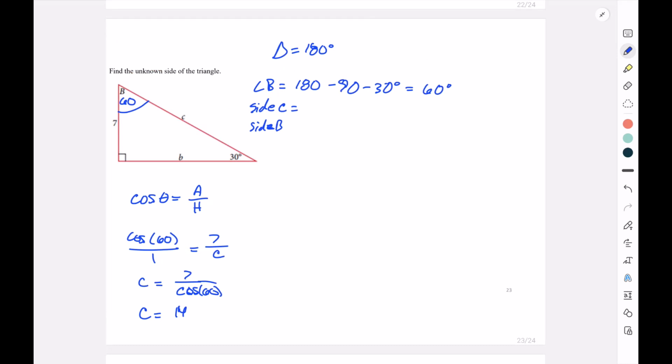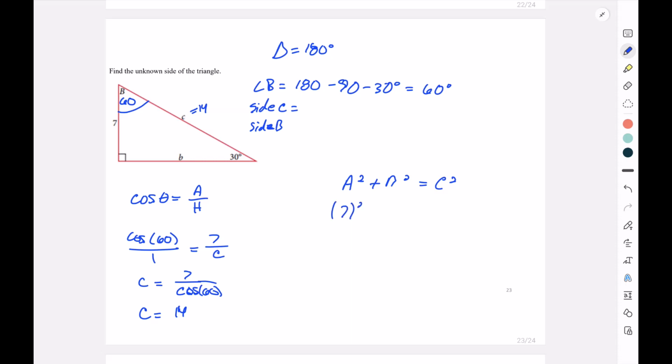Since we were able to find side C, so we know that it's 14, we can either use another trig function, or since it's a right triangle, we can use the Pythagorean theorem. And I'd personally rather use the Pythagorean theorem. So if we take a squared plus b squared equaling c squared, we know that we have a being 7, c being 14, and we're looking for b.